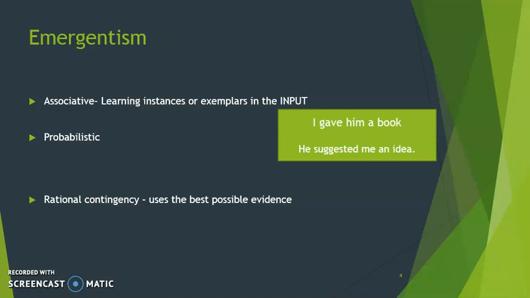Now, this is an example of overgeneralization of a pattern, but it's great evidence of what the learner knows about English. They know that English has this ditransitive verb construction, right? There's the noun phrase subject, a verb, and that ditransitive verb takes two objects, the indirect object and the direct object.